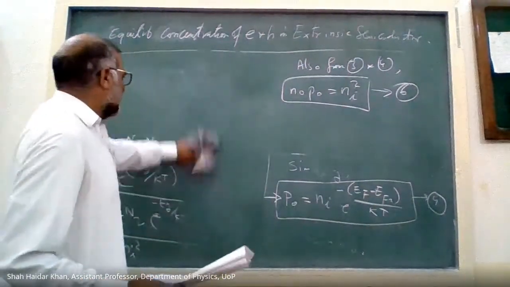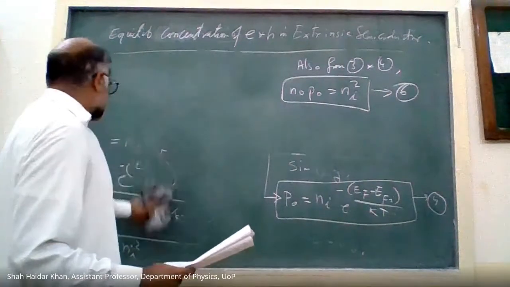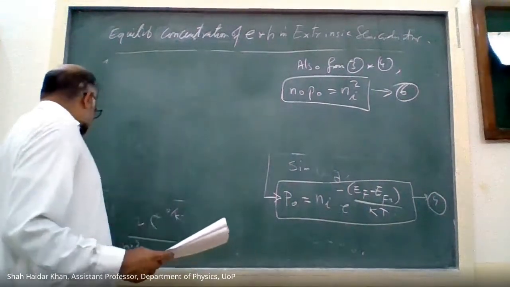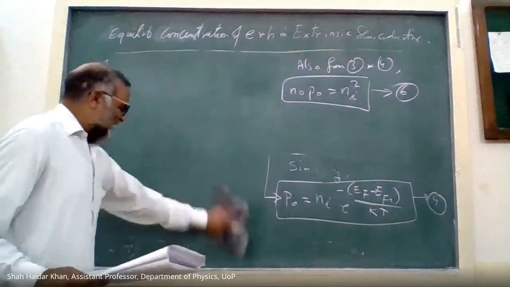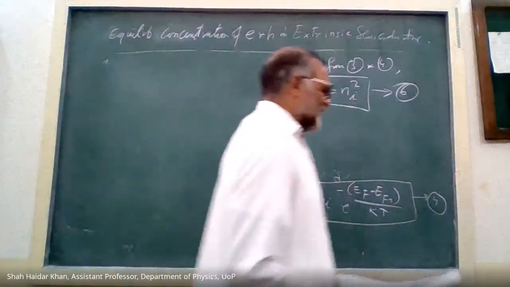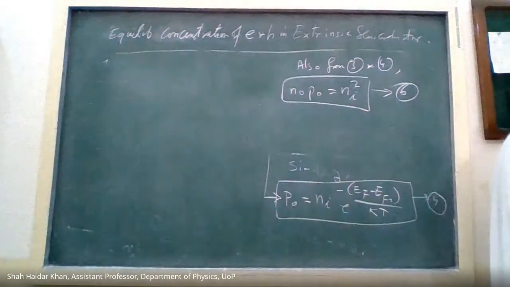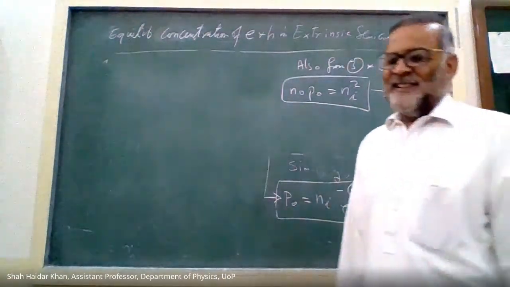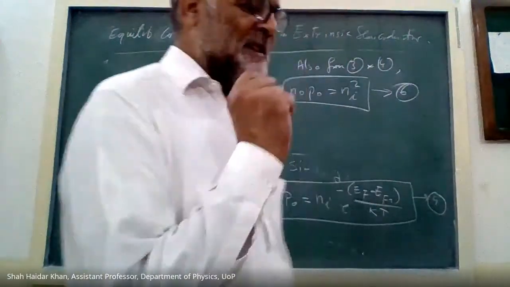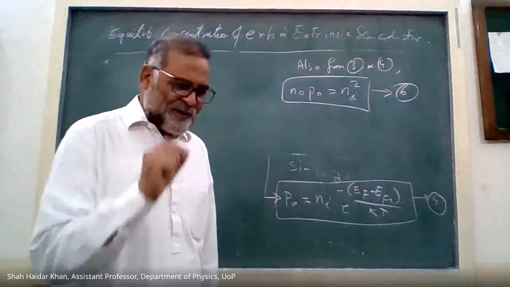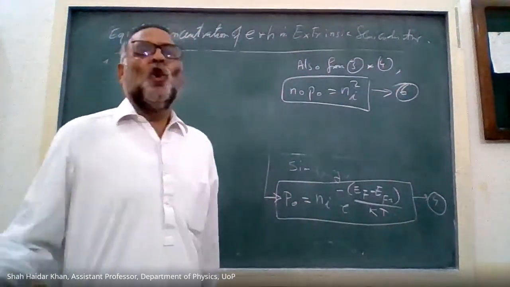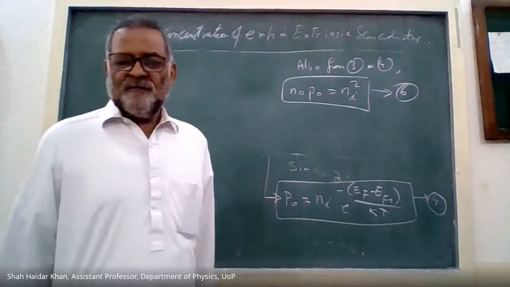Now, in extrinsic situation, we say the conductivity is because of two types of carriers, holes or electrons.